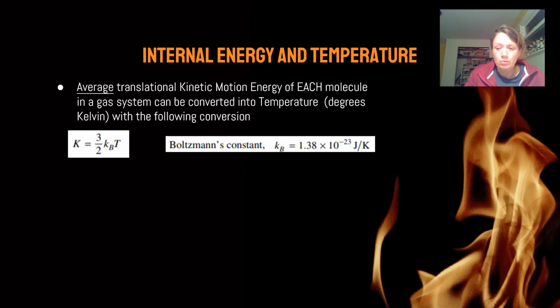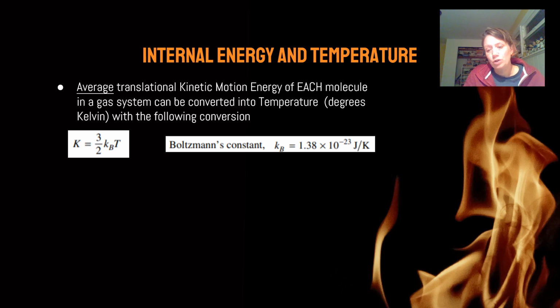And if you want to convert that to the temperature of the whole system, you take 3/2 times Boltzmann's constant, 1.38 times 10 to the negative 23rd joule per Kelvin, times the temperature. So this equation can be used in either direction, right? If you happen to know, for example, the mass and the average velocity of a gas molecule, you could use that to find the kinetic energy of an average gas molecule in a system, and then you could use that to find temperature. Or you can go the other way.